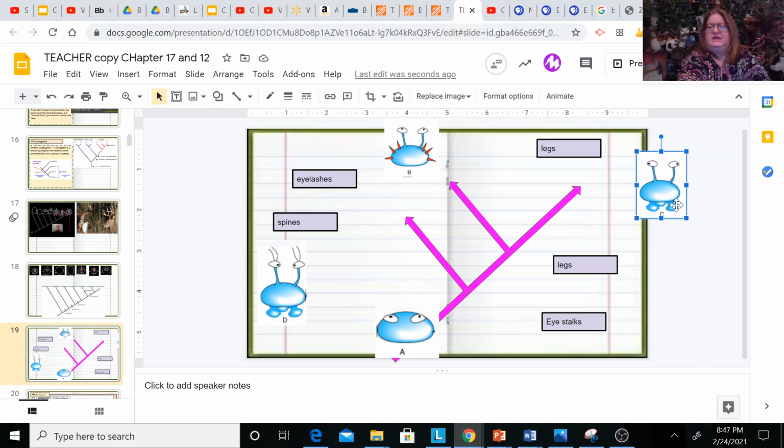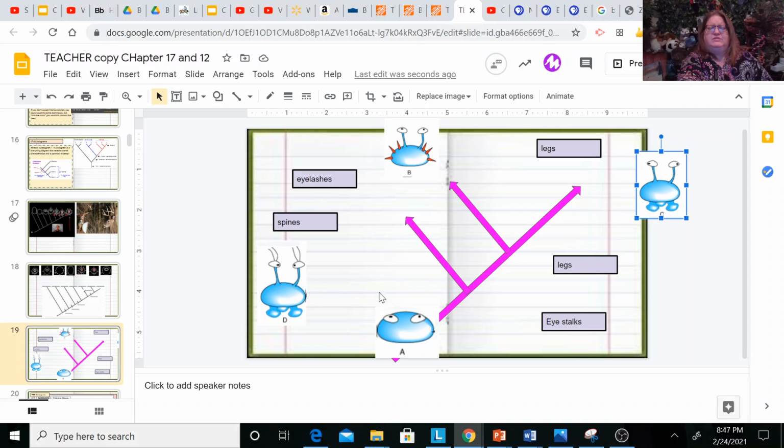C has legs, no spines, but eye stalks. And then this little guy has eye stalks, legs, and eyelashes. So go ahead and hit pause.